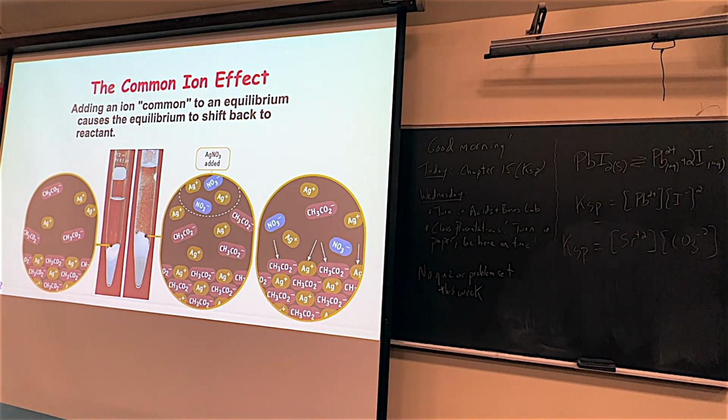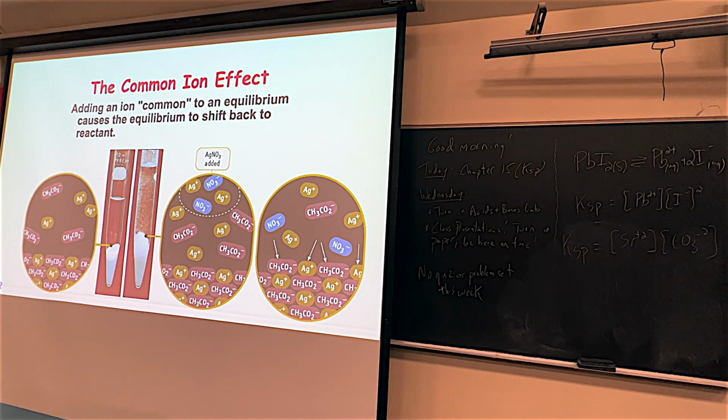Silver from silver nitrate is an ion that's common to the silver acetate solution. And by Le Chatelier's principle, adding silver should make the reaction go to the precipitate. So if you look here, there's 3 acetate ions running around, and after the silver nitrate's been added, there's only 1 acetate ion around.